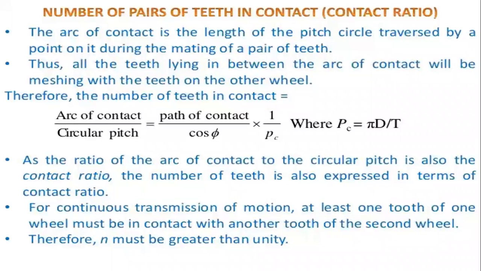Then the number of teeth in contact, that is the number of teeth in the arc of contact, is taken as the arc of contact divided by the circular pitch, that is the path of contact divided by cos phi, into 1 by circular pitch. Circular pitch is taken as 1 by Pc.